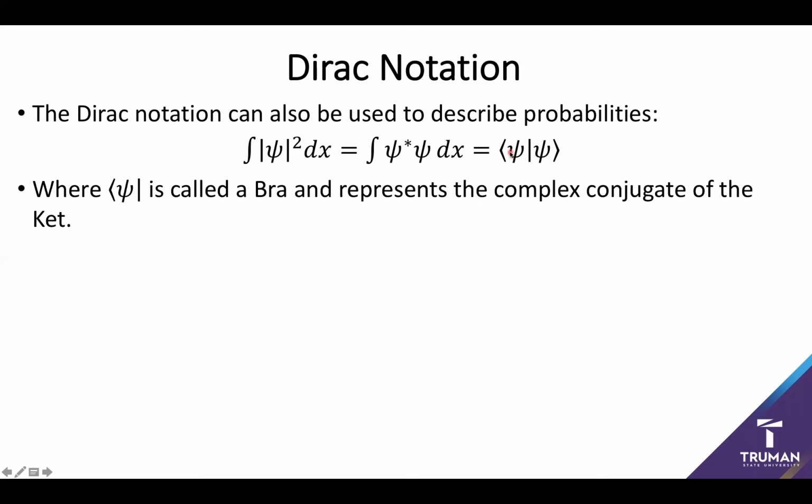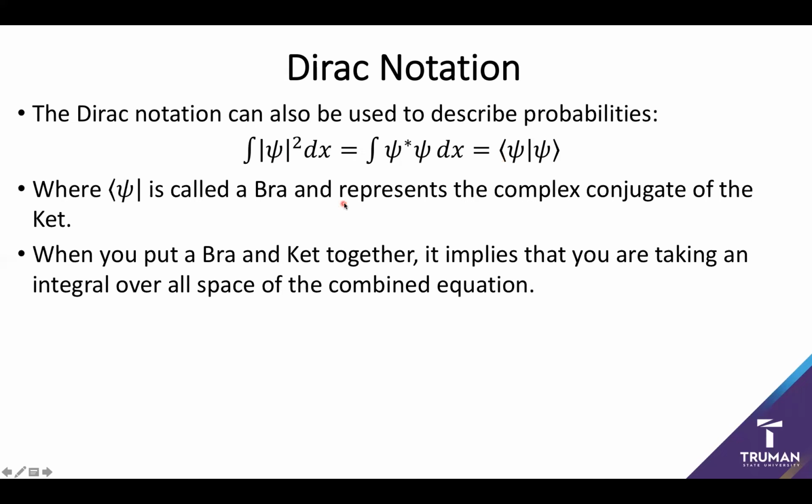If I pair a bra and a ket together, this means I'm taking the integral of the system. It's worth noting that it is implied to take the integral over all space, which can depend upon which notation you're working with.